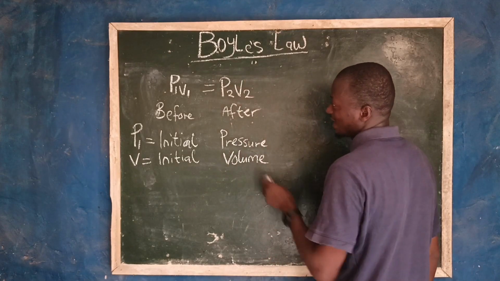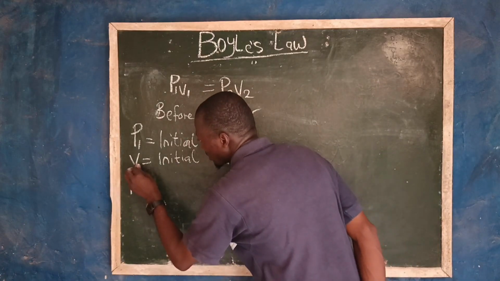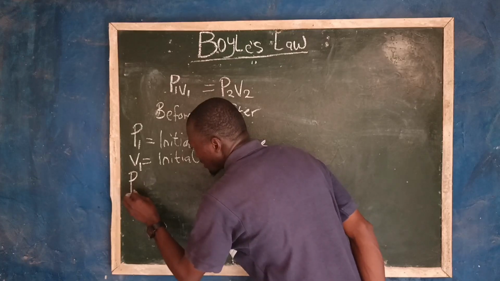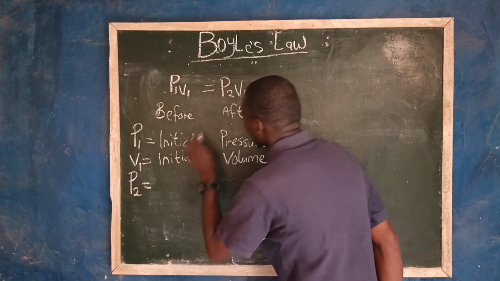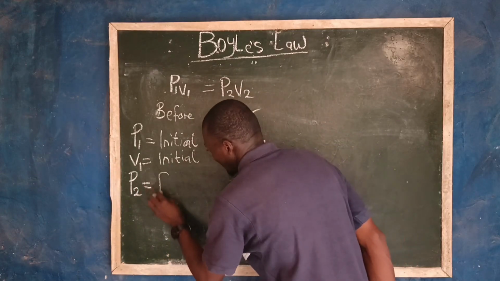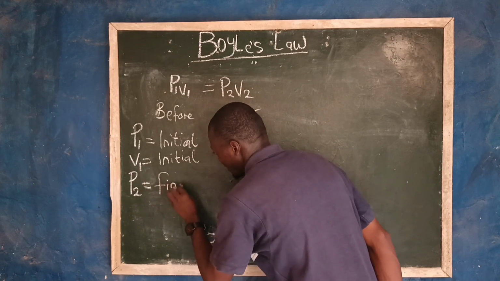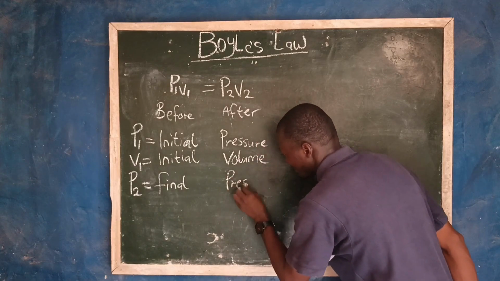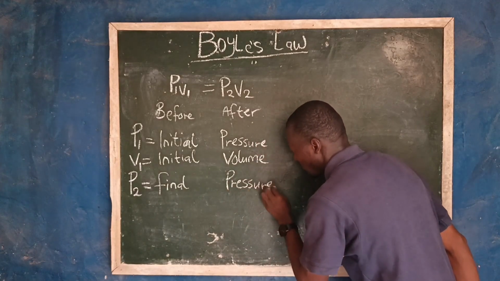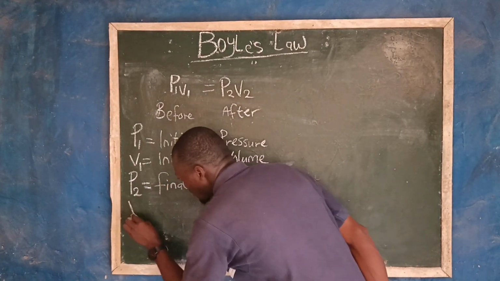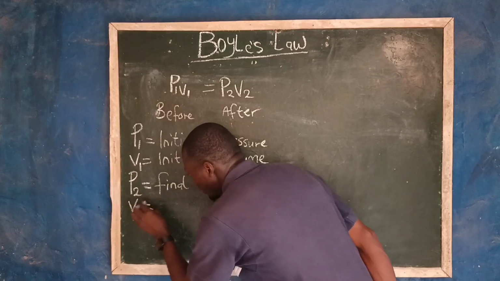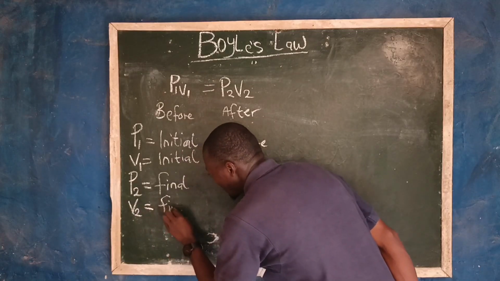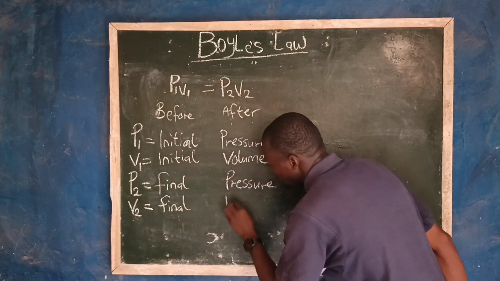Then hereafter, P2 is final pressure. Then V2 equals final volume.